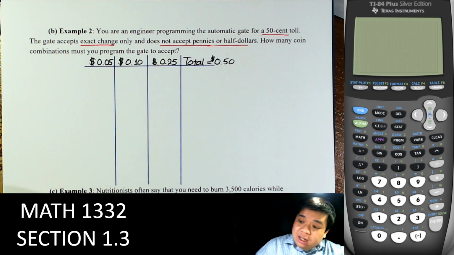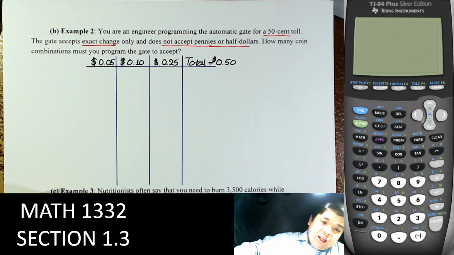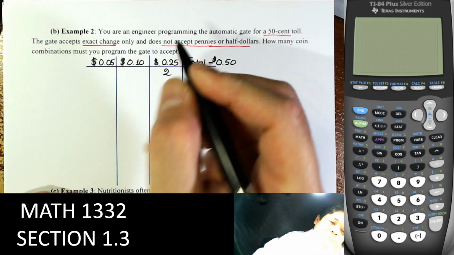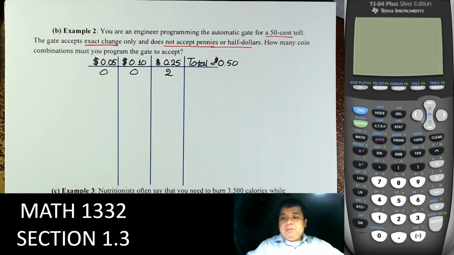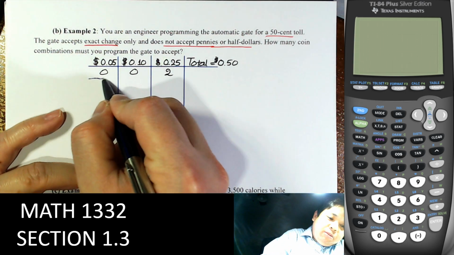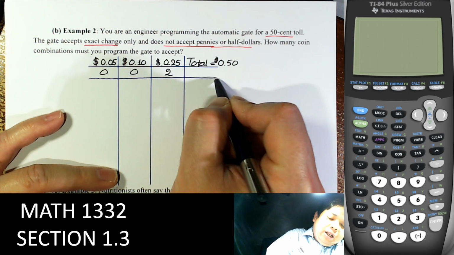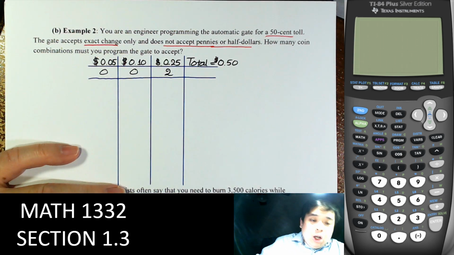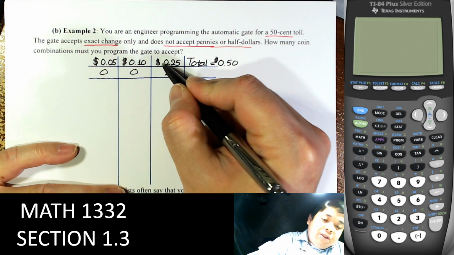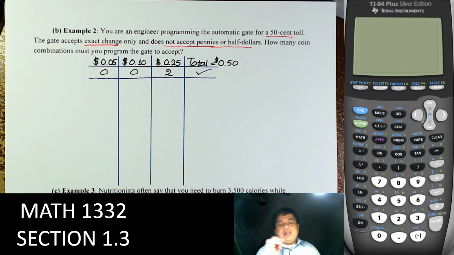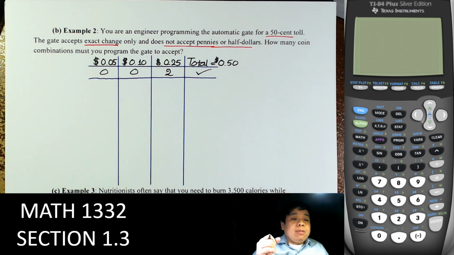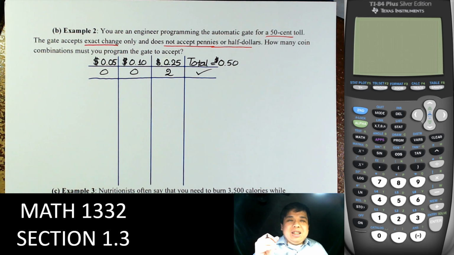So that's where we start, with 2 quarters and no dimes needed, no nickels needed. So of course, that's 50 cents. So that checks. So that's good. I just put a check mark there. The total is 50 cents. Right. Now, of course, that's the easiest case.